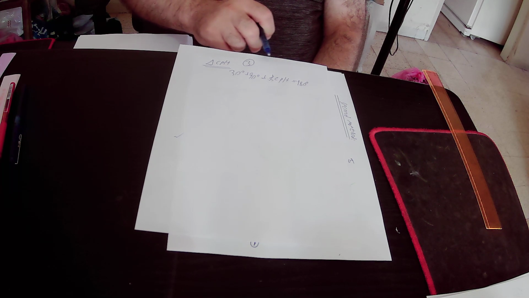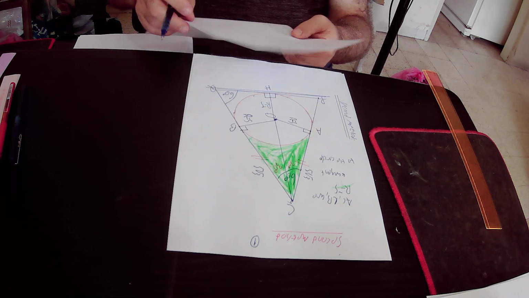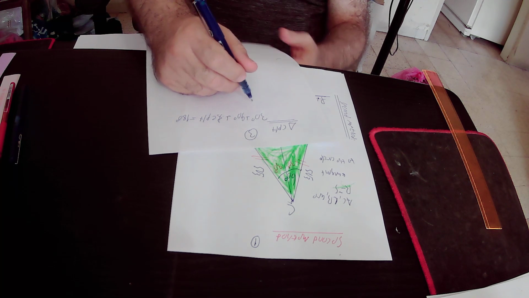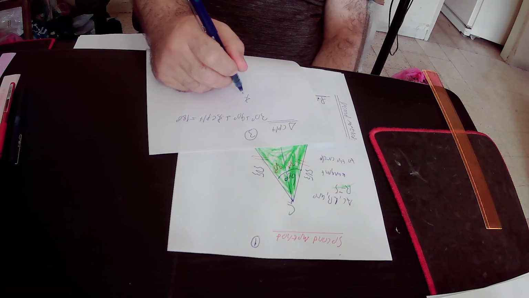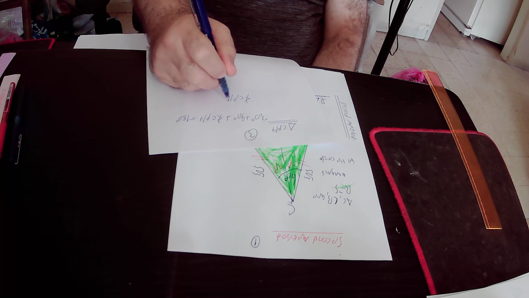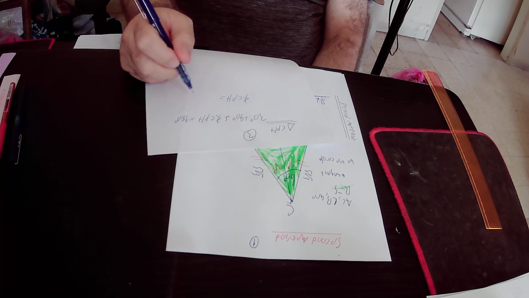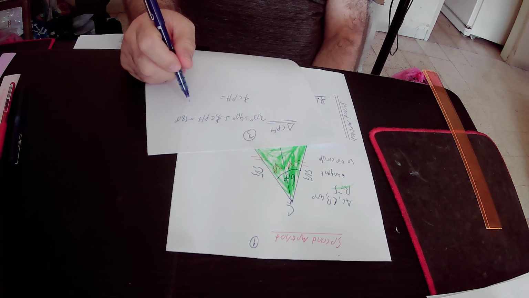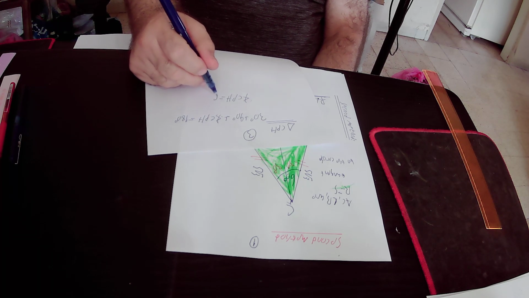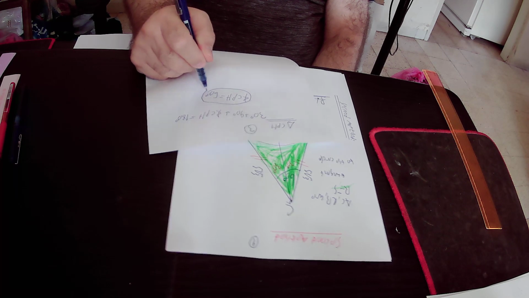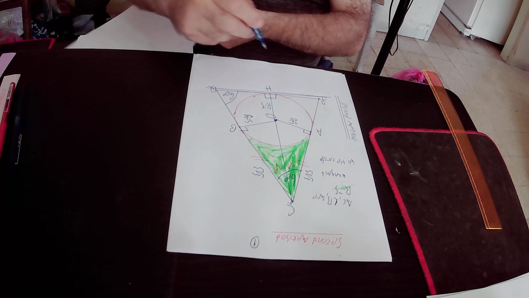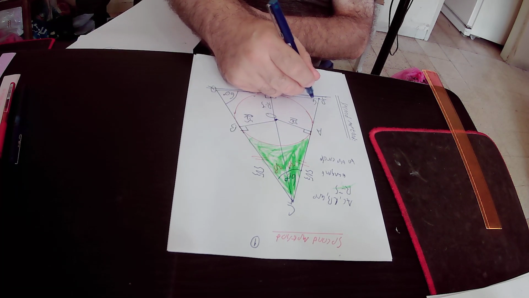We subtract 120 degrees and get that the size of angle CPH is 180 degrees minus 120 degrees, which is 60 degrees. So angle CPH equals 60 degrees.